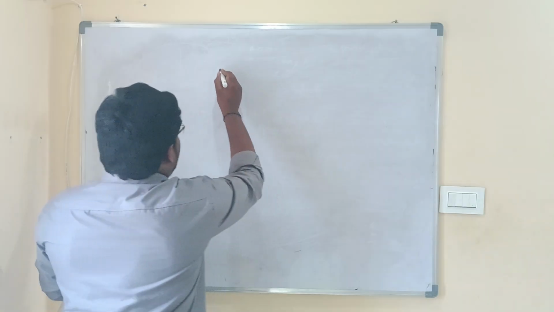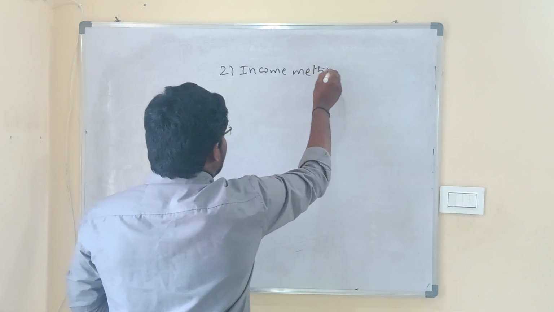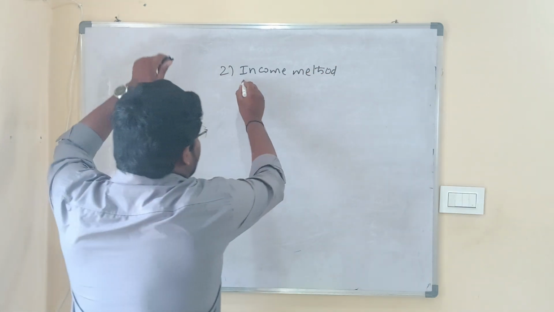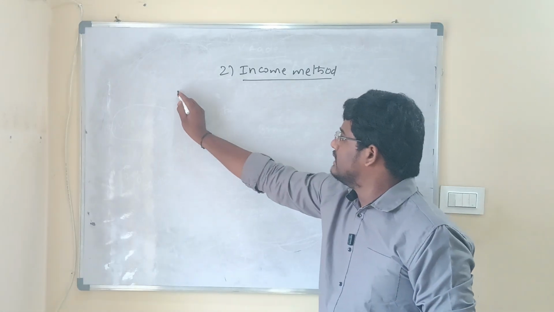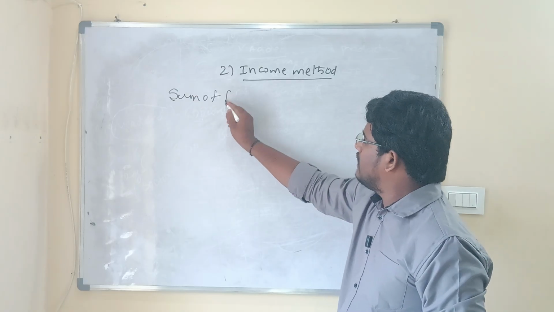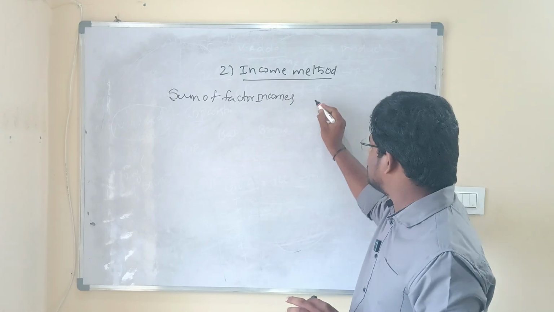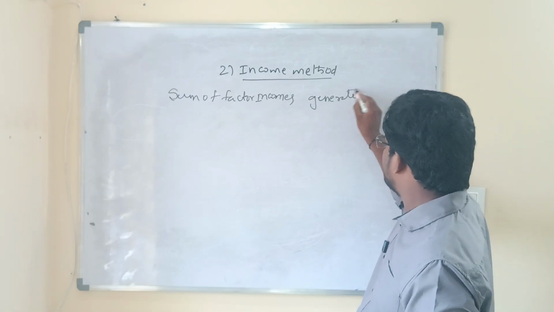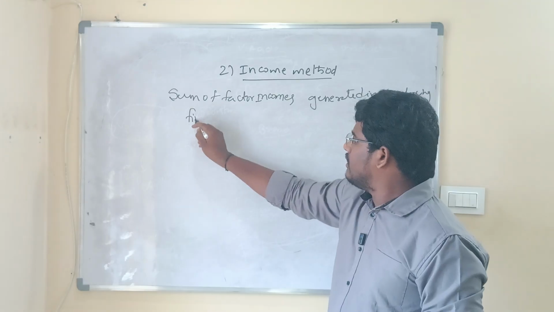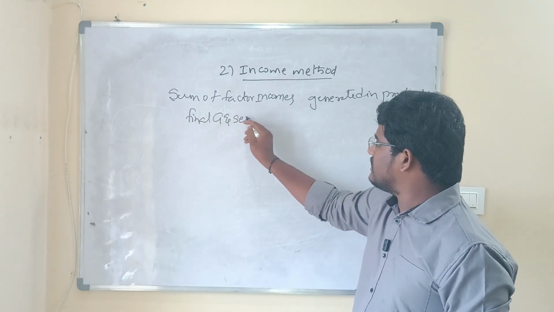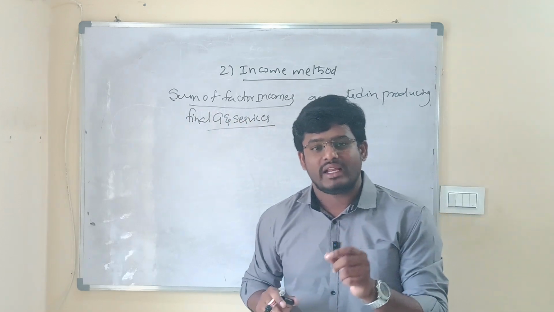The second method of GDP calculation is referred to as the income method. Now, how does the income method calculate GDP? Let us understand. The income method simply refers to the sum of factor incomes generated in producing final goods and services.